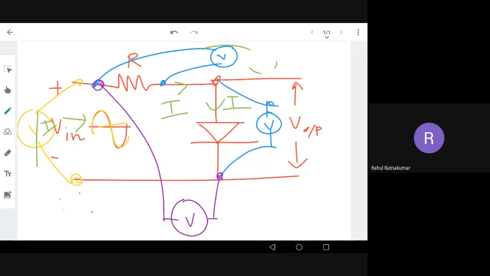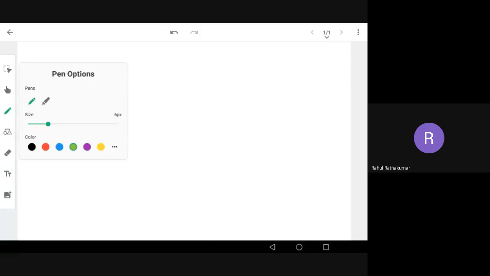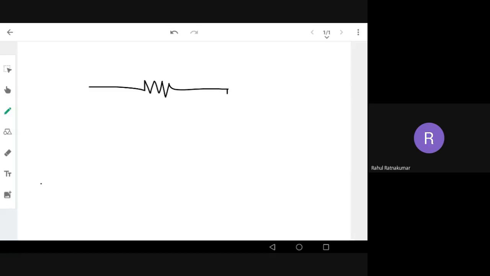Now, in this same question, I'm asking you to plot V output by V in, in the same question I just drew. Here is the diode.